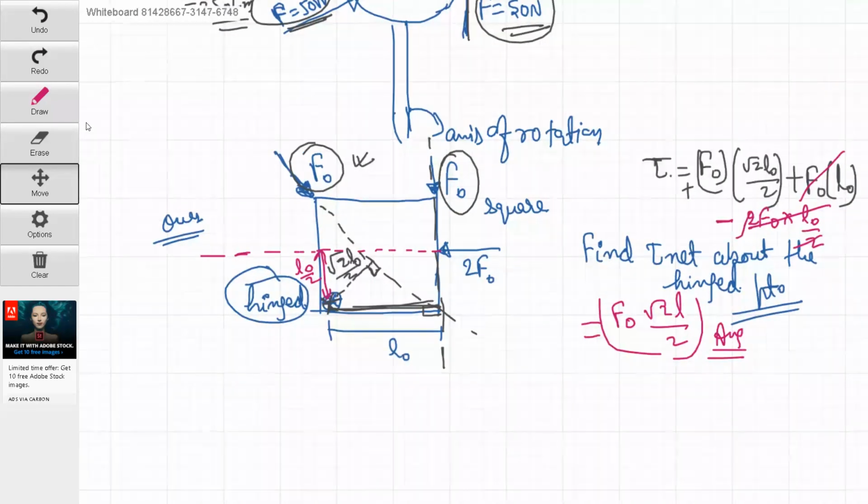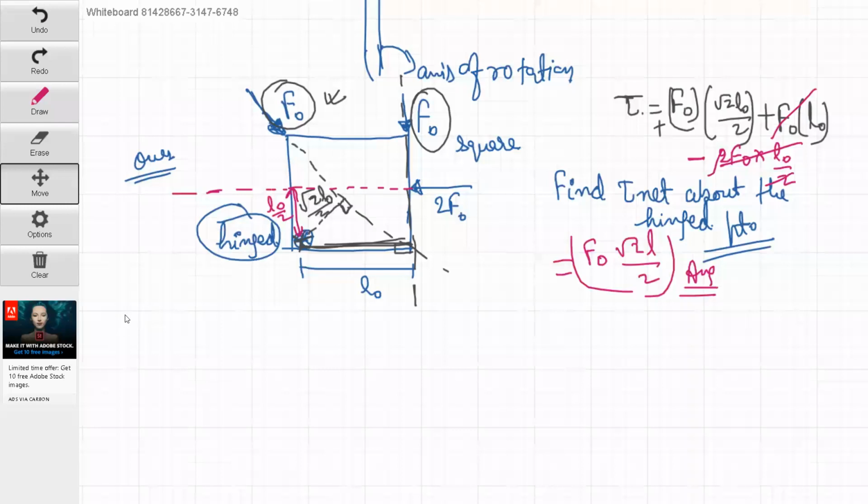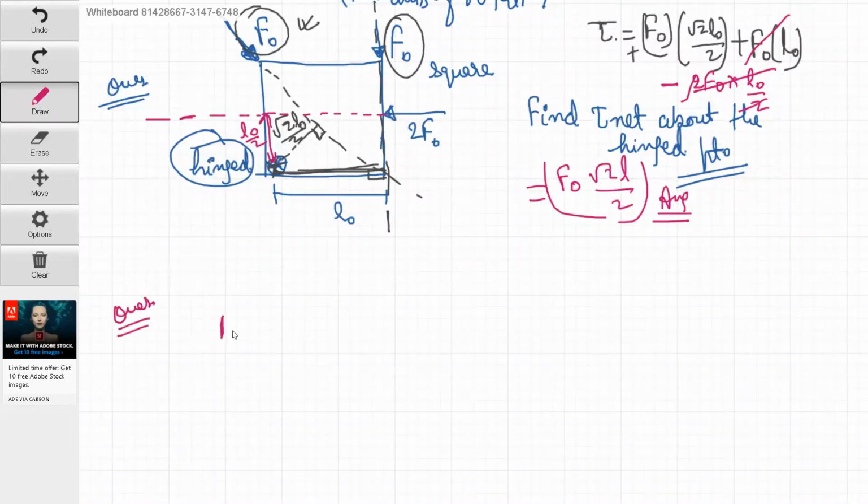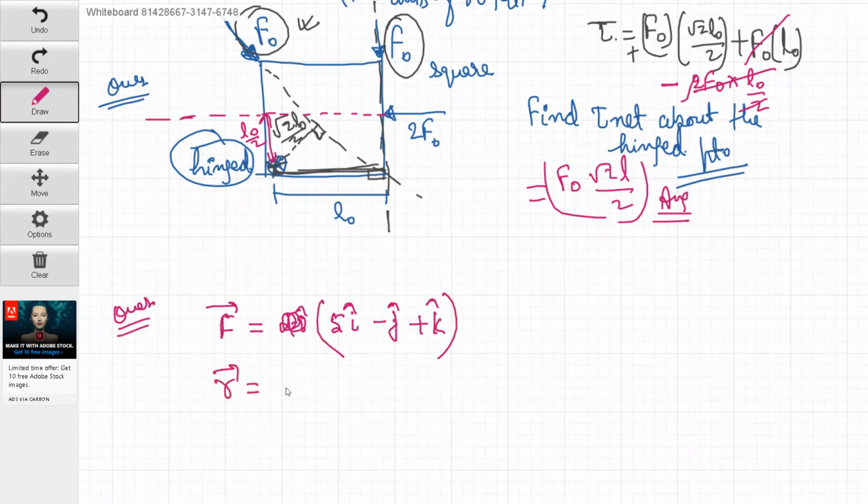Hope you understand. Now, another type of question is: suppose the force vector is equal to 5 i cap minus j cap plus k cap, and the R vector is equal to minus i cap plus j cap plus k cap.